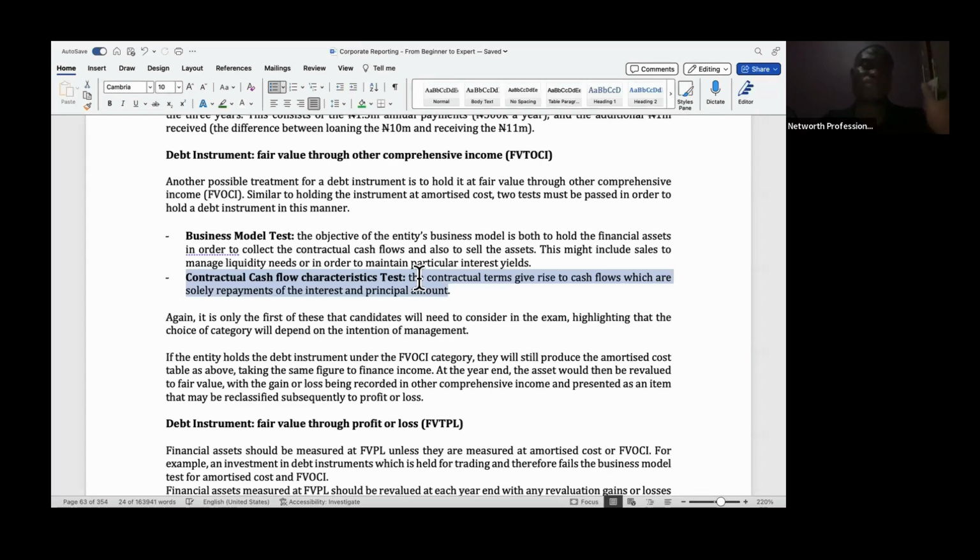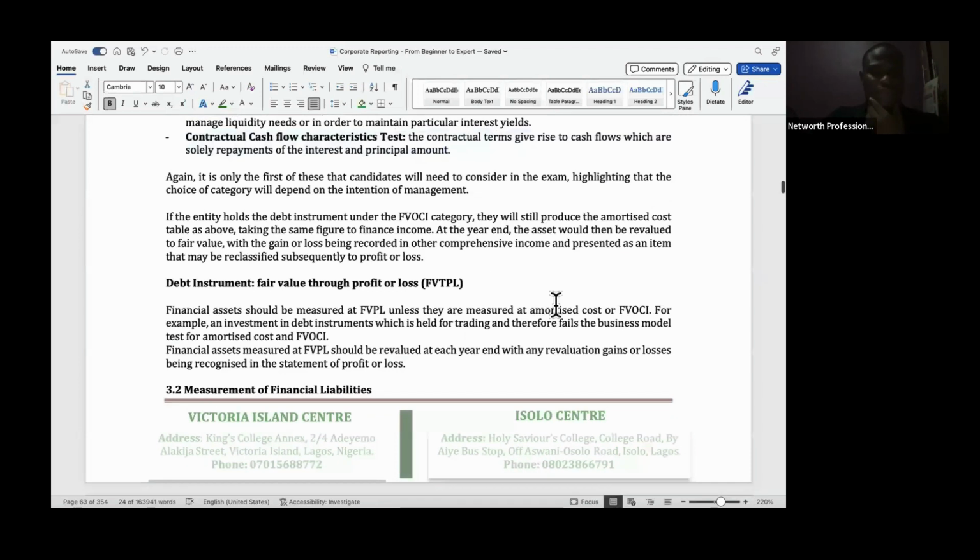If the way you want to make money is just to collect interest and principal, then you have to classify it at amortized cost. But if in addition to collecting interest and principal you can also sell, then you should be looking at fair value through OCI.